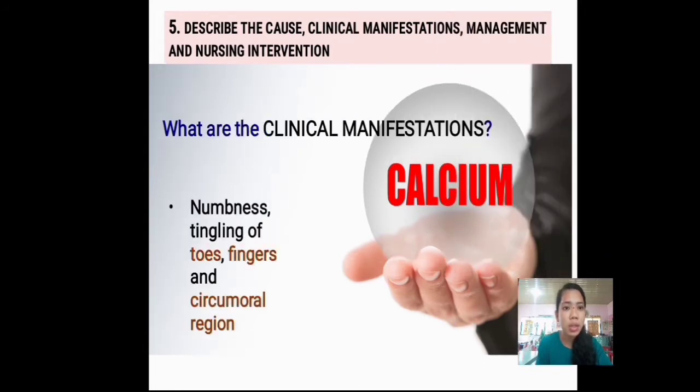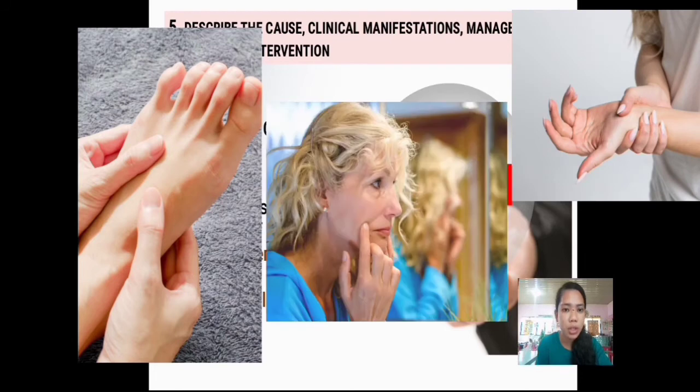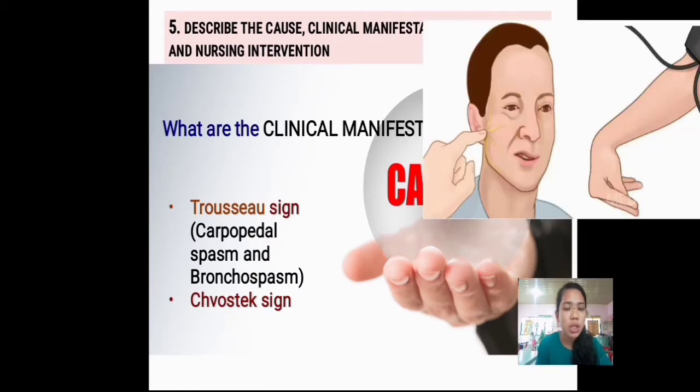So, what are the clinical manifestations of hypocalcemia? Number one is numbness, tingling of toes, fingers, and circumoral region. The patient is also positive in Trousseau sign, which is the involuntary contraction of the muscle, particularly in hand or wrist, like for example, carpopedal spasm or bronchospasm.